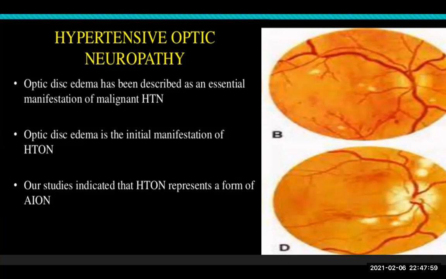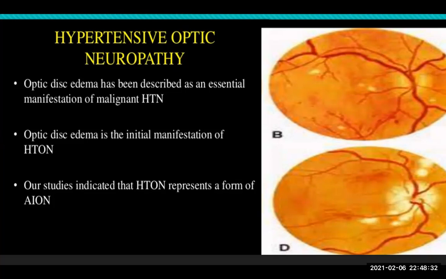This may lead to prolonged ischemia related to deficient circulation or atherosclerosis or other causes like hypertension. So the optic disc edema, which may occur with hypertension, doesn't occur as a chronic sign, but it will happen as one of the initial signs of the malignant increase of the blood pressure.